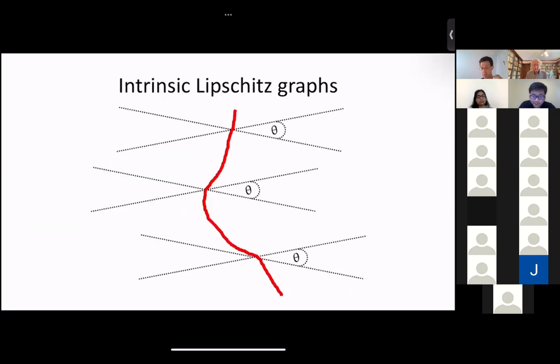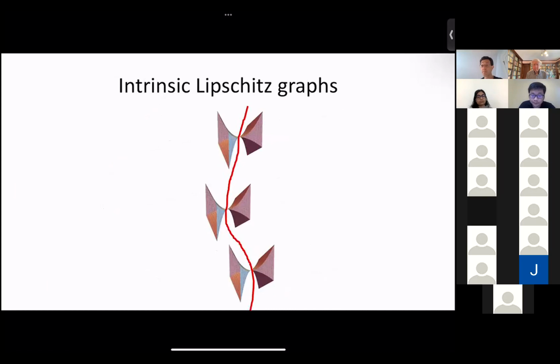I want the same picture. So instead of this, I do this. At every point I do a Heisenberg cone, a cone that departs very quickly from its cusp, and I want that to not touch the graph anywhere but the cusp, the apex.